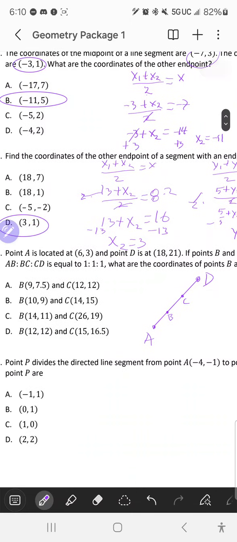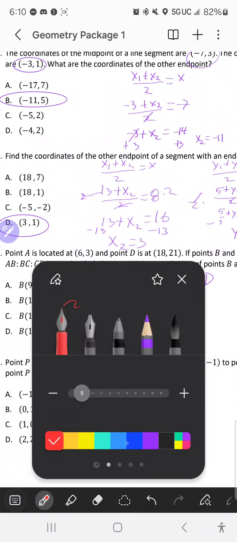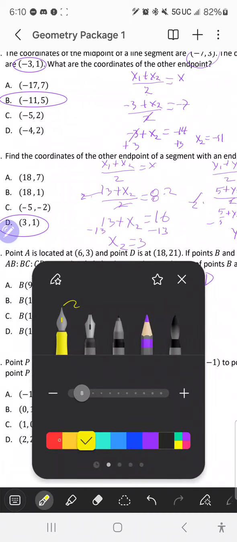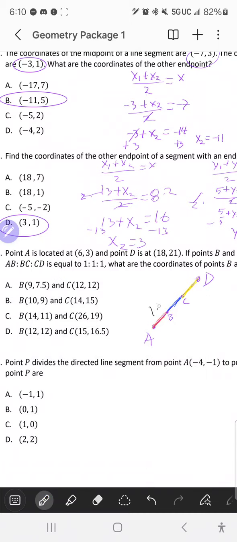But the thing that we know is that AB, BC, CD is the same as saying 1 to 1 to 1, which means that each side is equal. AB is equal to BC and BC is equal to CD and therefore AB is equal to CD. That happens because the ratio between those three is the same.